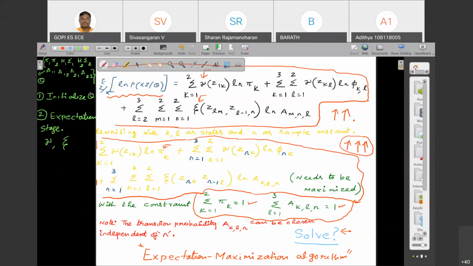So the initialized theta is what we call theta old, or otherwise the current value; instead of old, you can say theta current. You compute this using theta current. Okay, so now that is done. Now you have to go to the maximization stage.